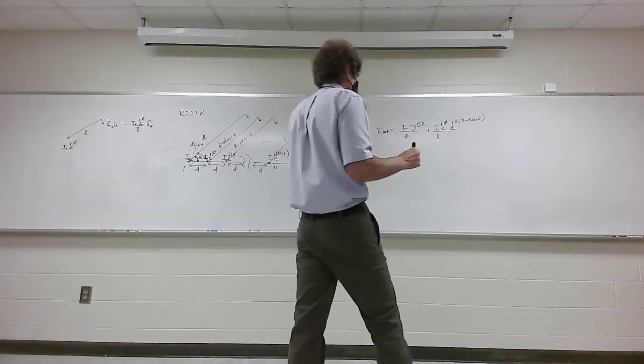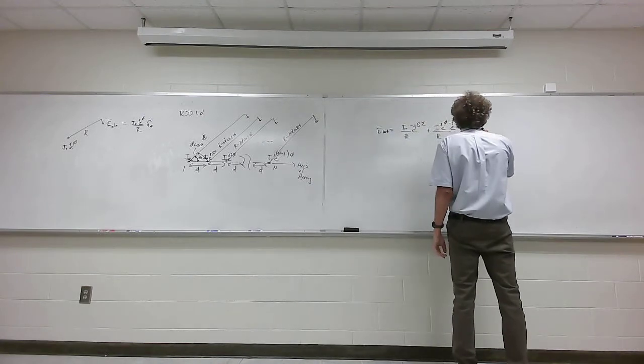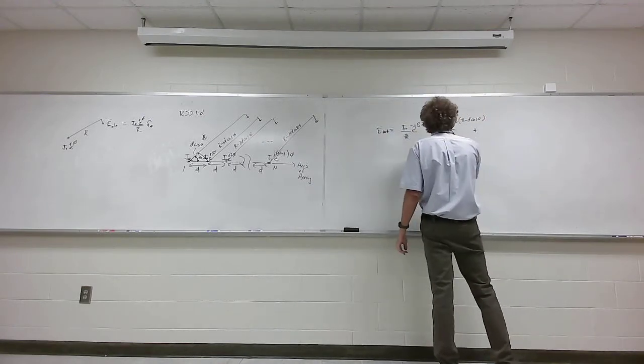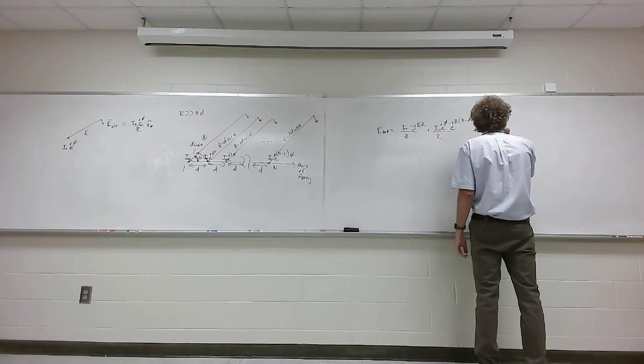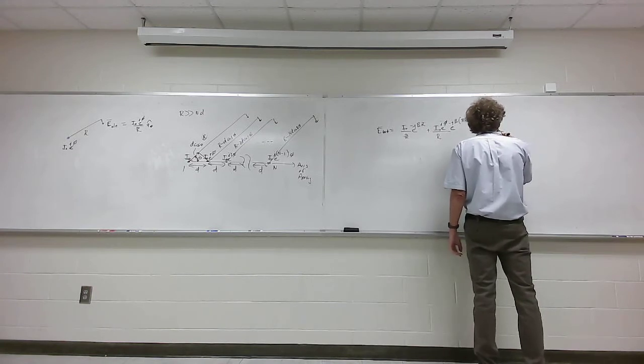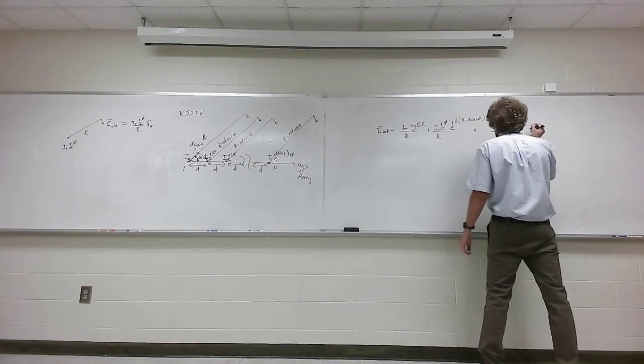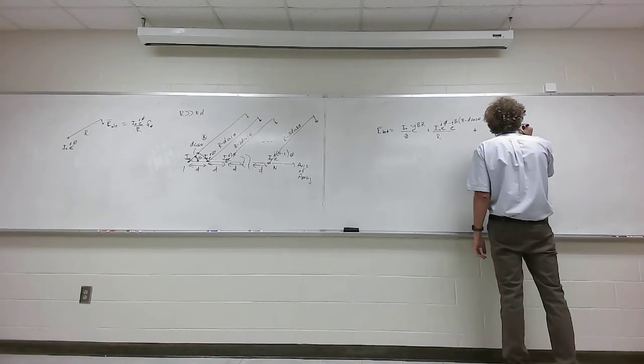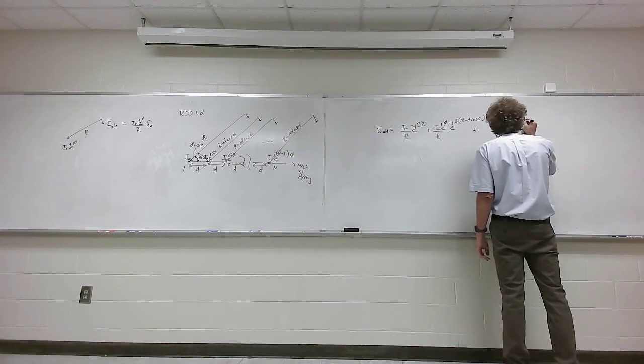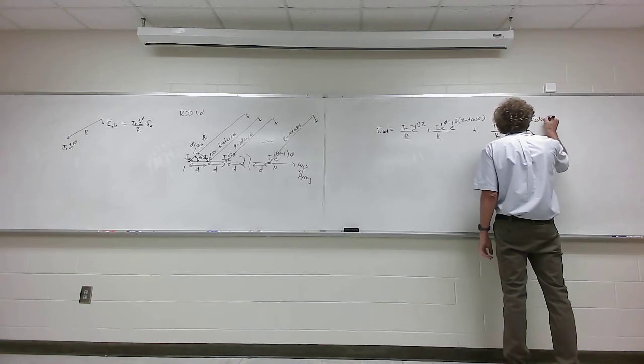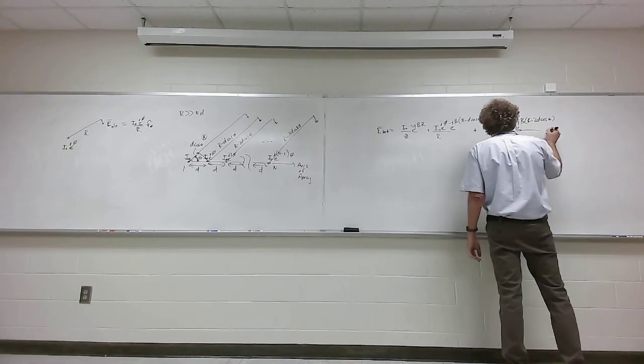And I keep on adding. I can add another one, and I'll call that I naught, by the way. This is going to be I naught over r, e to the j 2 phi, and then it's going to be e to the minus j, and now this is going to be beta times r minus 2d cosine of theta.